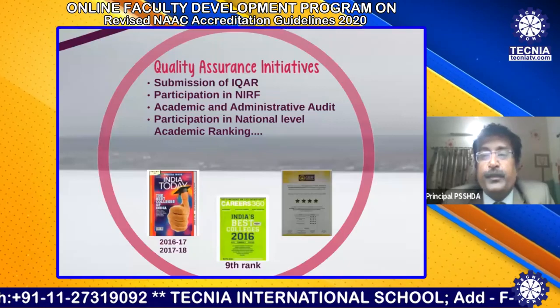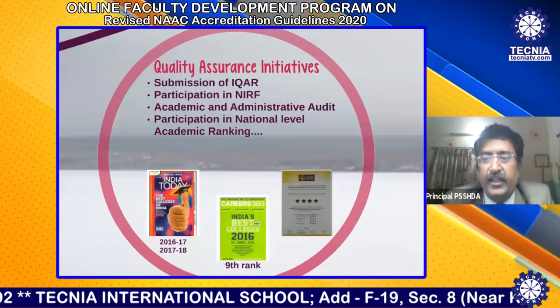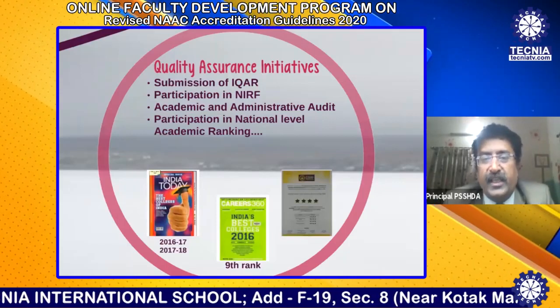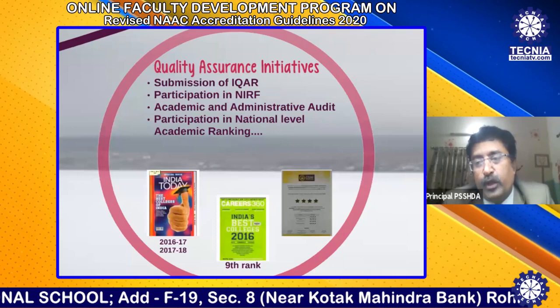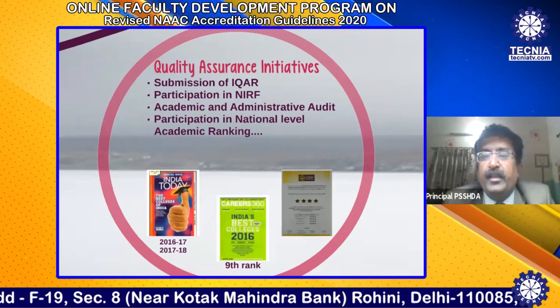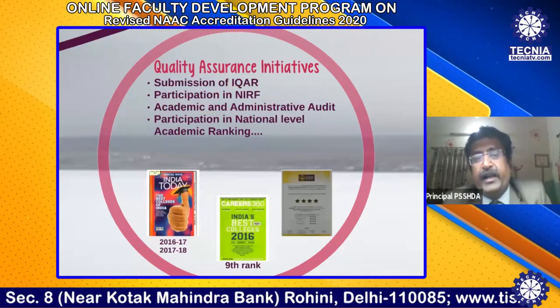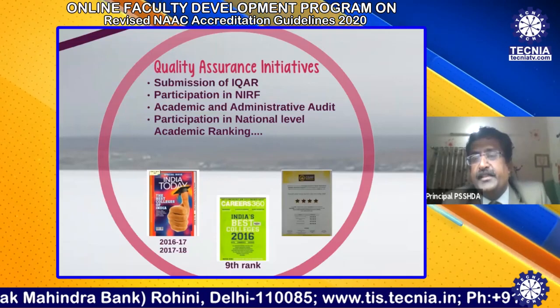Submit regularly every year. Participation in NIRF, or if you are having a state ranking, like in Gujarat, GSIRF, and academic and administrative audit, whether you are doing it or not for your institutes. Participation in national level academic ranking, like we are participating in India Today ranking, Outlook ranking, Career 360 ranking.